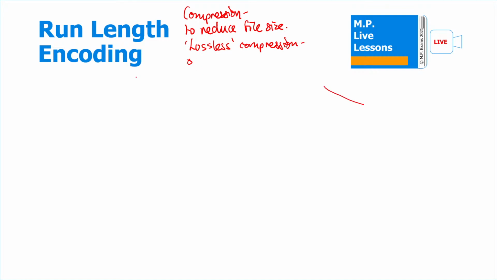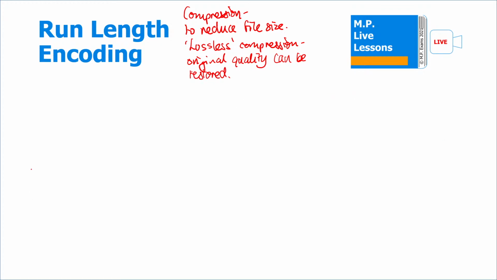This means the original quality can be restored.